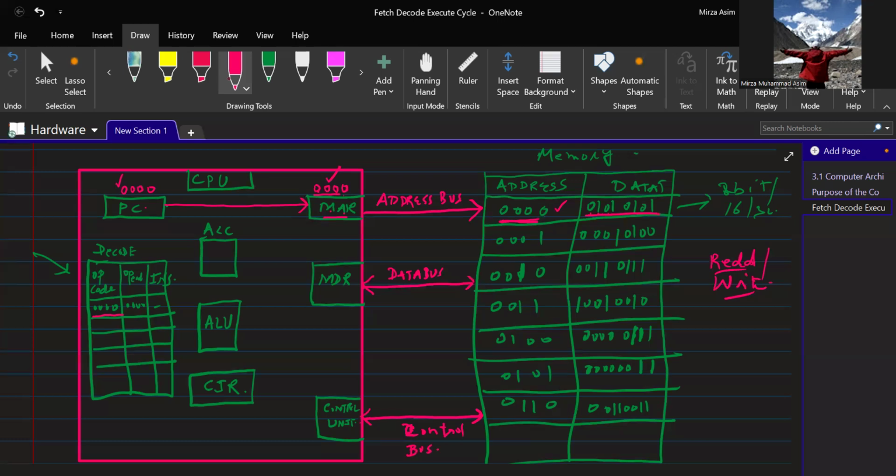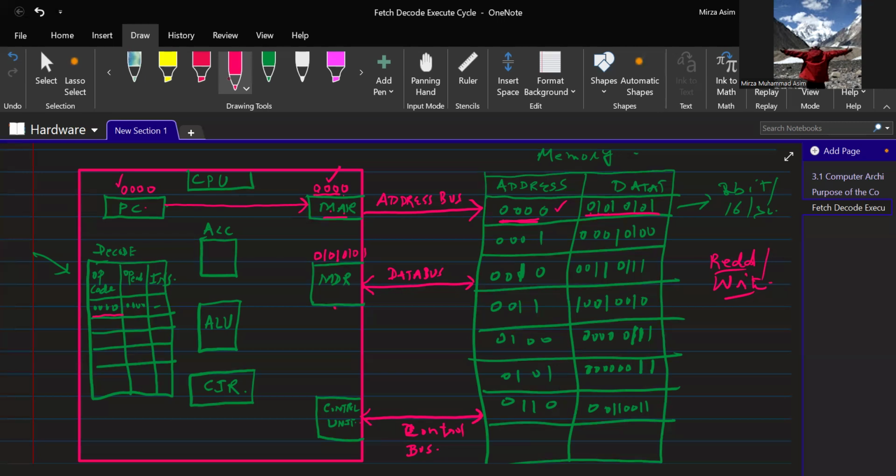So this data, 01010101, is copied into the MDR register. Is that clear? Any question?